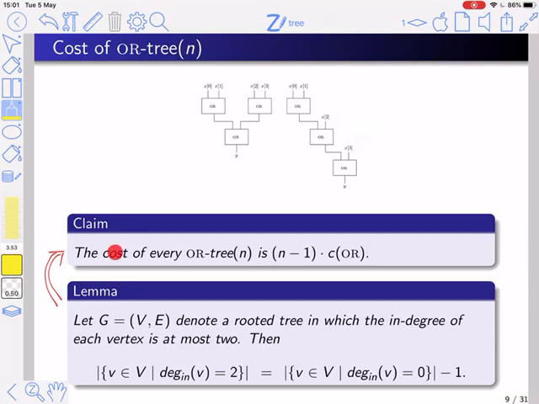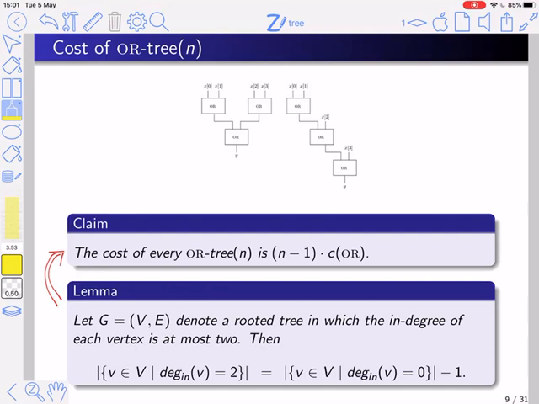So we want to claim that the number of OR gates, we refer to this as the cost, the cost of every OR tree over n bits is exactly n minus 1 OR gates. So every OR tree over n bits will contain the same number of OR gates, exactly n minus 1 OR gates. This is what the claim says.